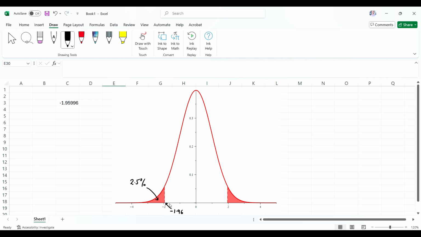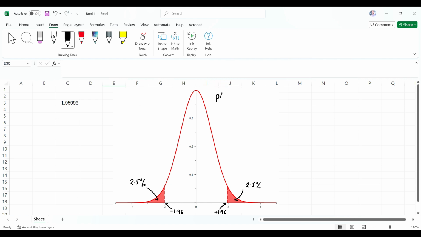Now the normal distribution is symmetric, so if we were to plot plus 1.96, then we would know that 2.5% of outcomes would lie in that right-hand tail to the right of plus 1.96.